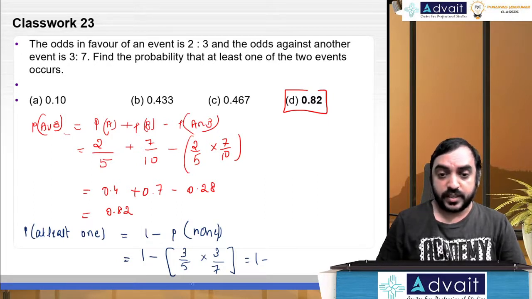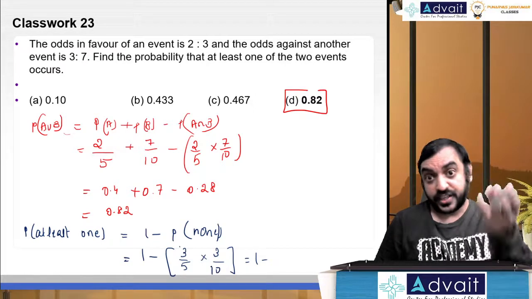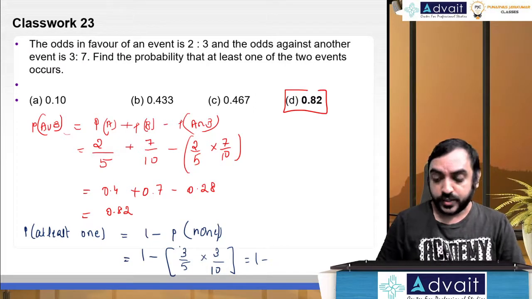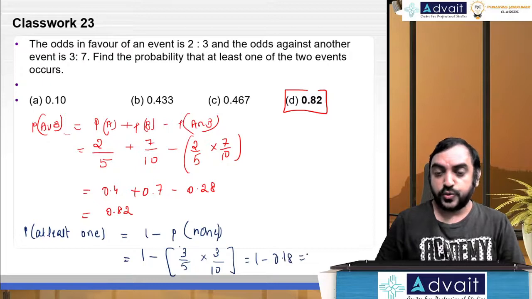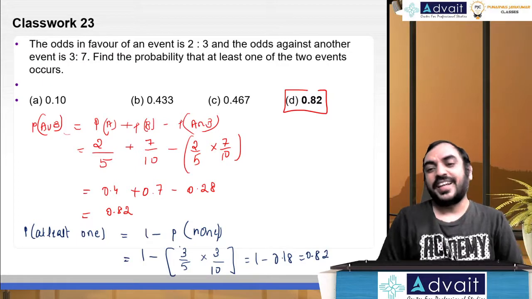Not 3 by 7, 3 by 10. You have to add it. A mistake can happen. You have to add it, 3 by 10. 3 by 5 into 3 by 10, 0.18. So 1 minus 0.18, you get the same answer, 0.82.